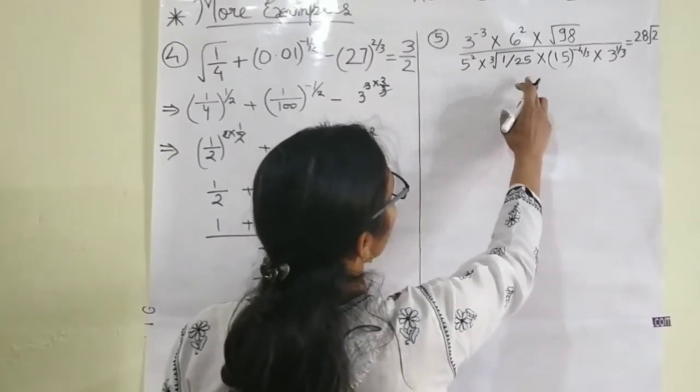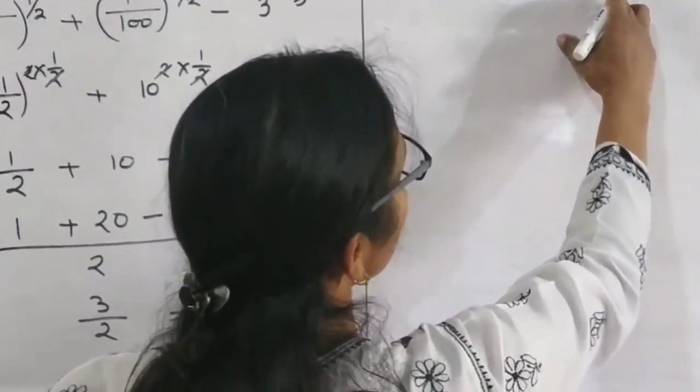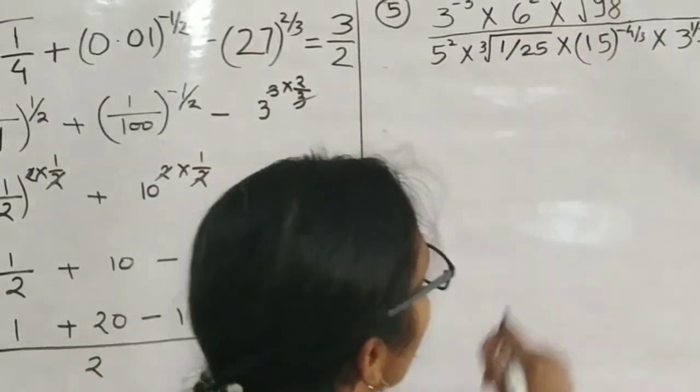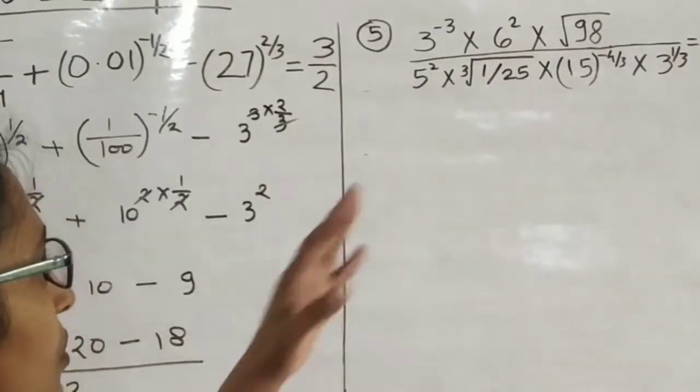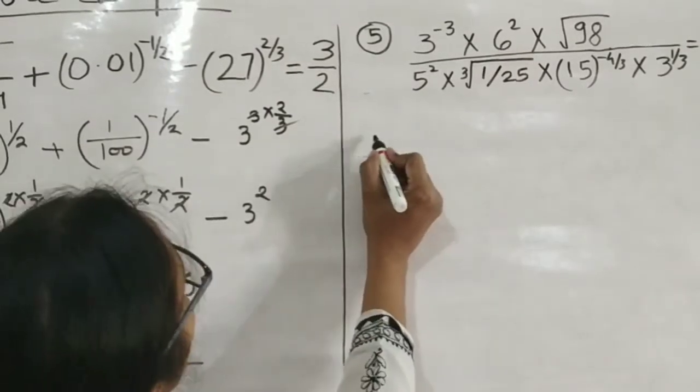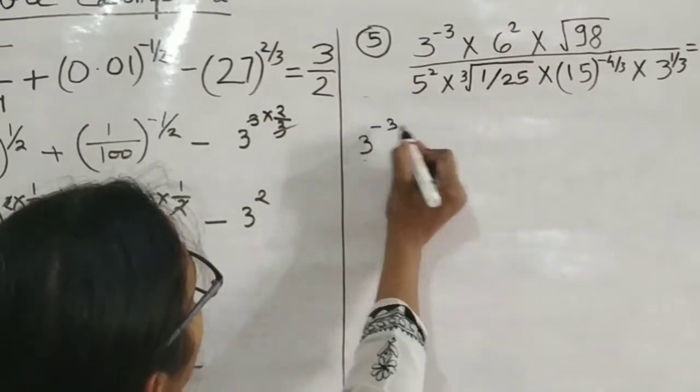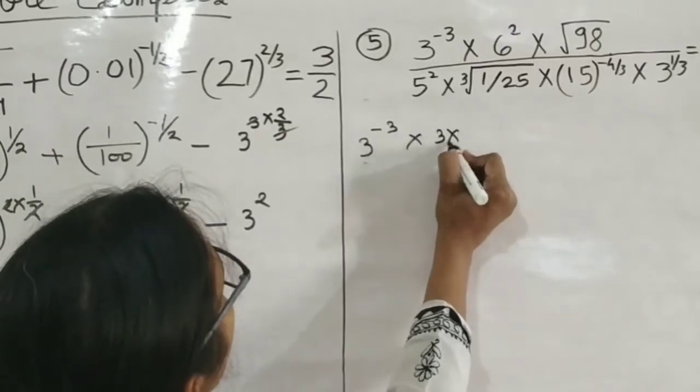Now, the next one is 3 power minus 3 into 6 power 2 into under root 98 upon 5 power 2 cube root 1 by 25 plus 15 power minus 4 by 3 into 3 power 1 by 3. This is also a proof. So, 3 power minus 3 into 3 into 2.